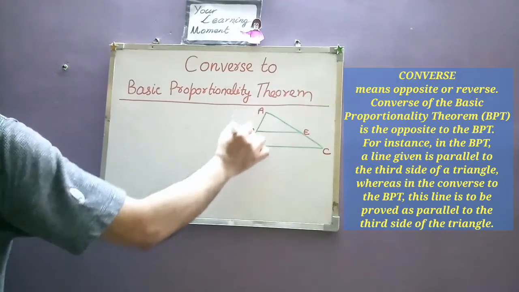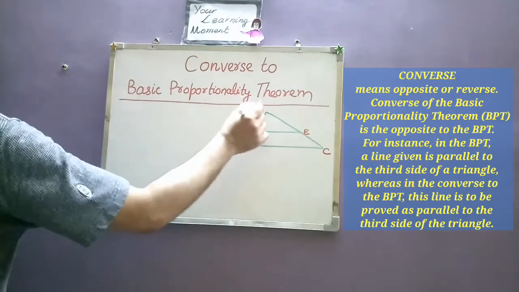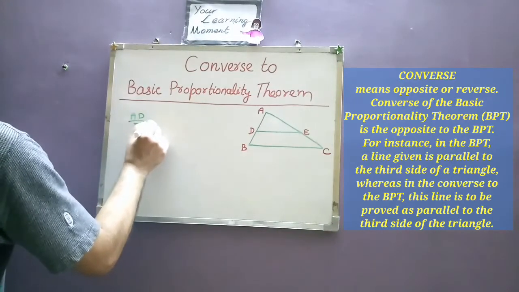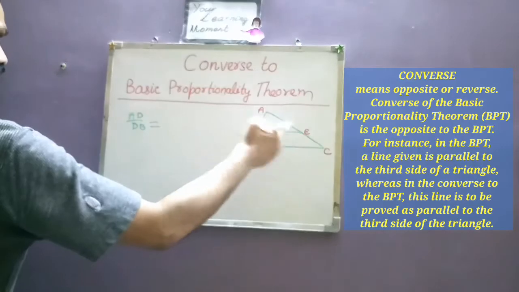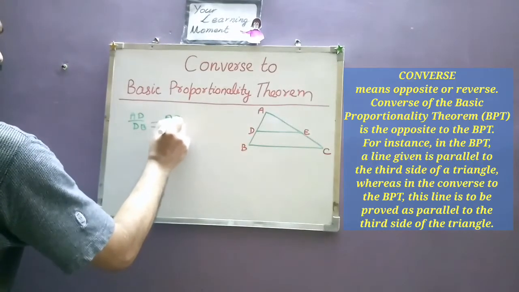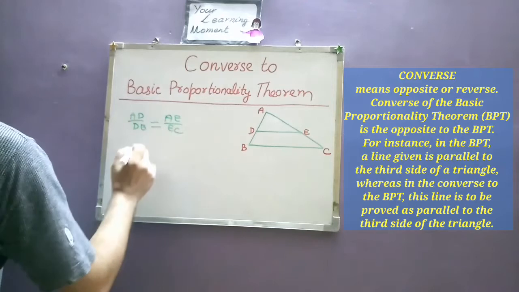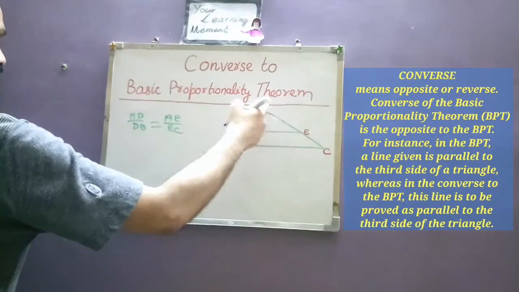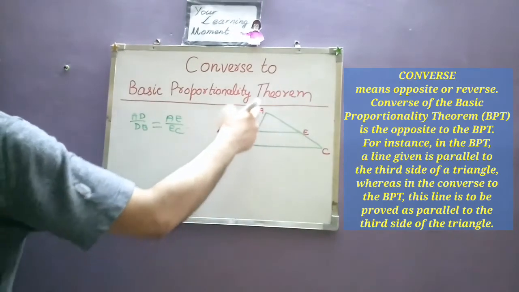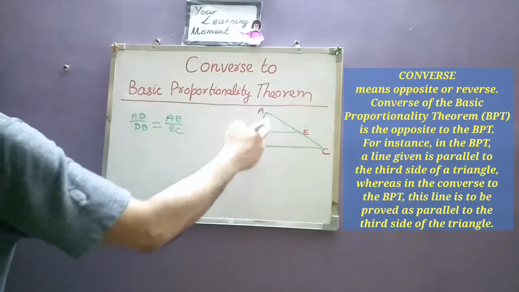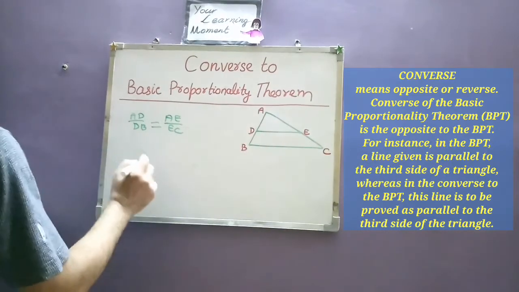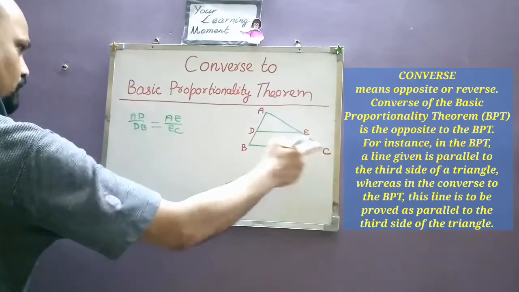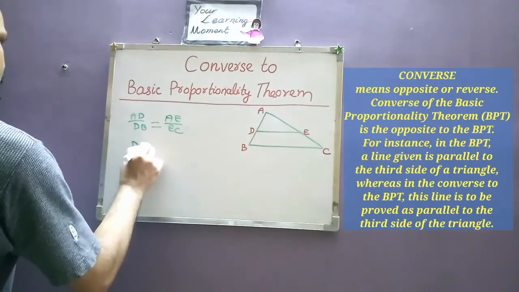This means in triangle ABC, if a line DE divides two sides AB and AC at points D and E in the ratio AD by DB equal to AE by EC, or AB by AD equal to AC by AE, or we can say that AD by AB equal to AE by AC, then we have DE parallel to BC.